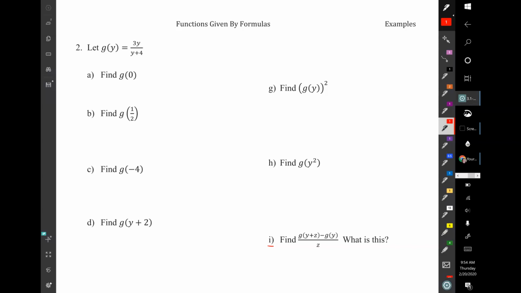This is actually from pre-calc. I just want you to do the introductory type, maybe on the left-hand side. And then I'll probably put in a separate video the ones on the right-hand side, or maybe we'll talk about them in class. I'm not sure how that will go.